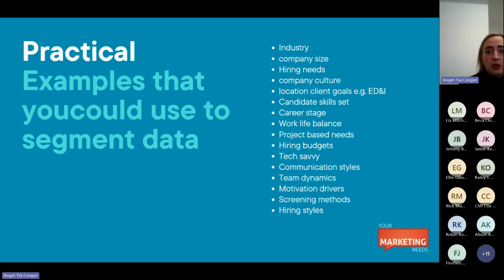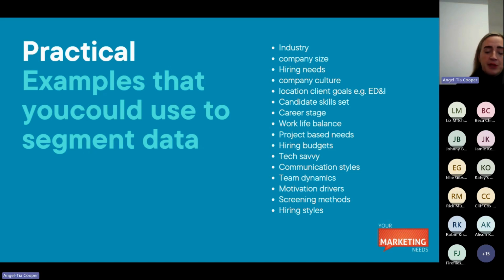Is it down to location? Is it goals of that client? So, are they striving to be more in tune with ED&I? Are they trying to recruit women in engineering? What's their goal, and how does that differentiate them? Is it a candidate skill set? So are there specific technical skills that set them apart, that's what they're looking for?